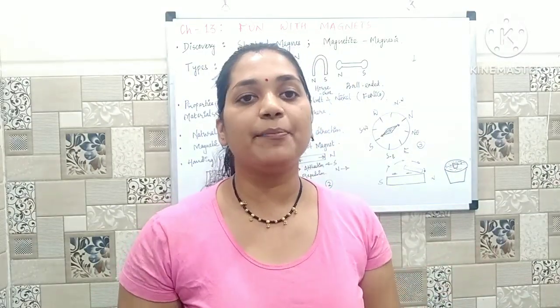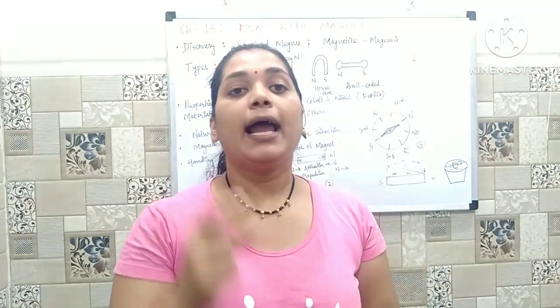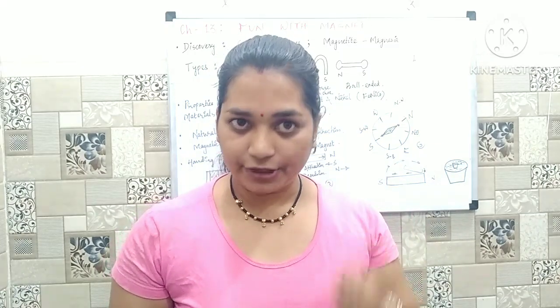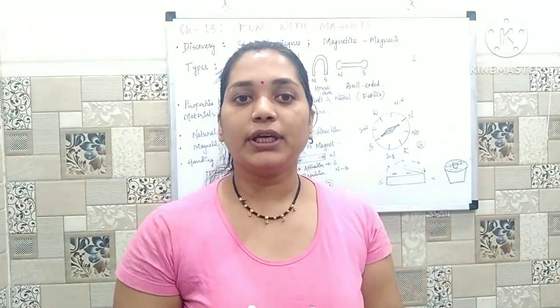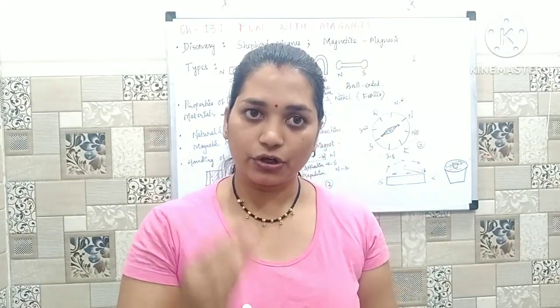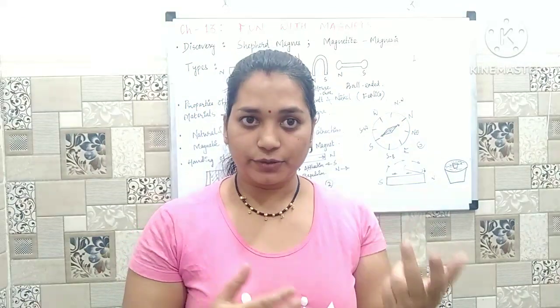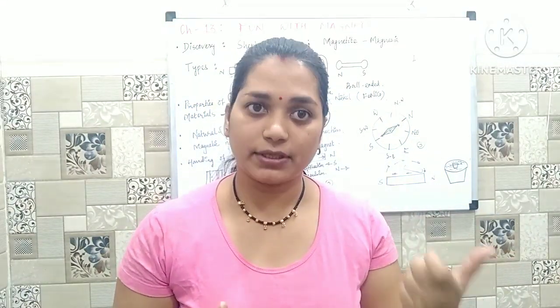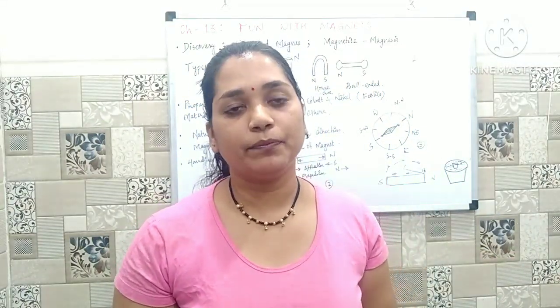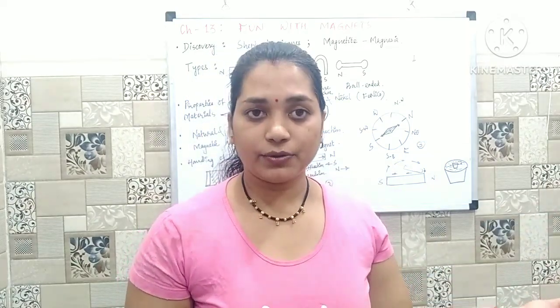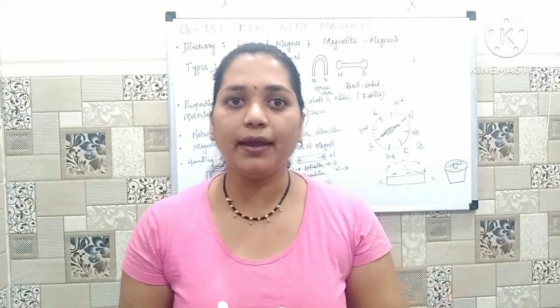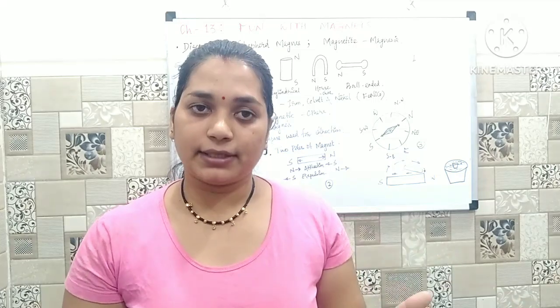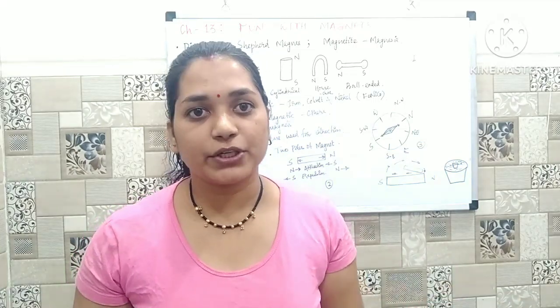A compass has a magnetic needle inside it, and we already know that if a magnet is suspended freely in the air, it will show the north and south directions. Its north magnetic pole will always point towards the north, and its south magnetic pole will definitely point towards the south. By this way they can know the direction and travel from one place to another.